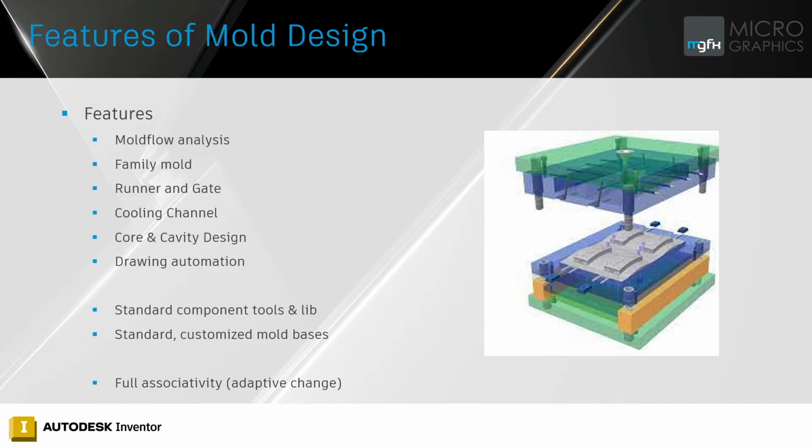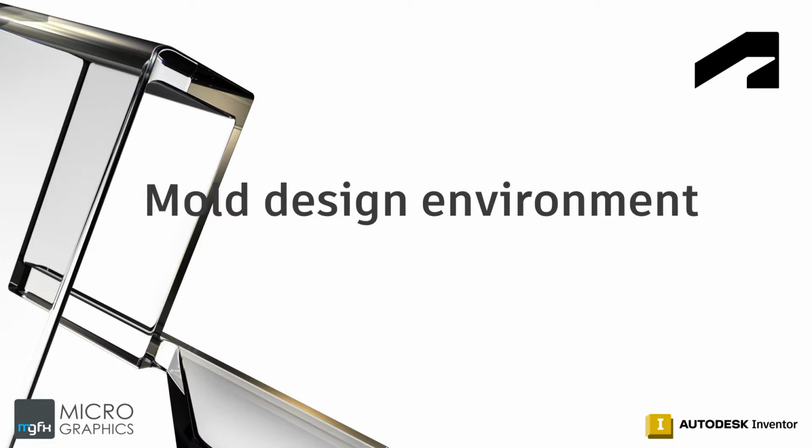And lastly, we've got the main feature set here, which is full associativity, meaning that any changes are adaptive. If you make a change on the base of your mold, it will adjust to the top of your mold as well. So it's fairly adaptive. Alright, so let's take a look at the mold design environment.